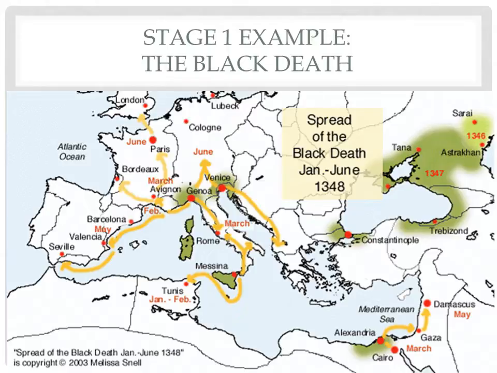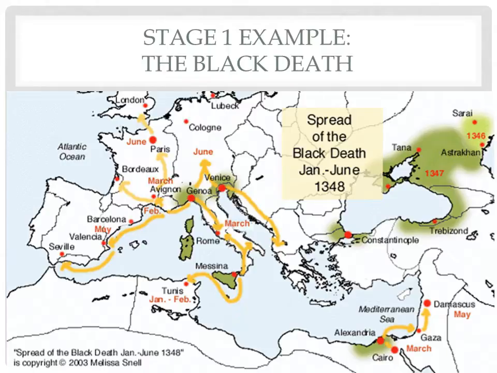And during about a 5-year span, the numbers vary a little bit depending on what resource you're looking at, but somewhere in the neighborhood of 20 to 25 million people were killed as a result of the Black Death, of the bubonic plague. And that was somewhere in the neighborhood of 1/3 to 1/2 of Europe's total population, which is just mind-boggling.